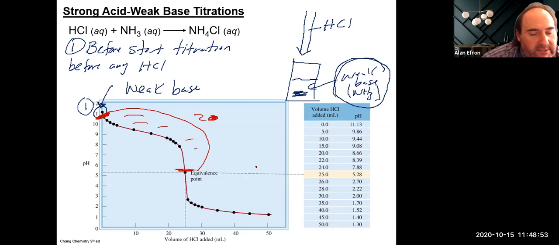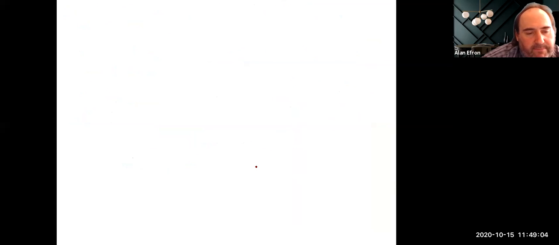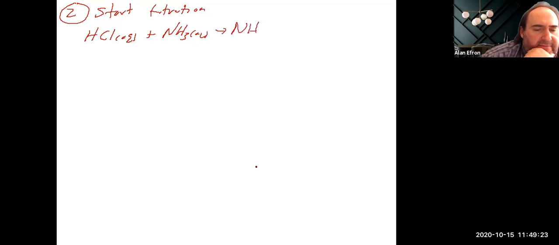So once we start adding our HCl here, we are going to get the reaction that's up there on top, but we'll take a look at it closer here. At point 2 in this titration, we get the reaction of our hydrochloric acid plus our ammonia, which is the weak base, giving us NH4 plus and Cl minus.